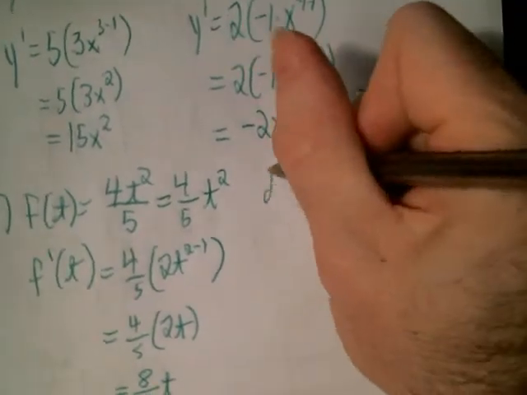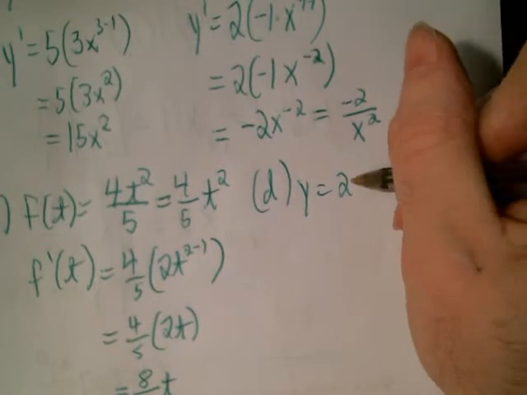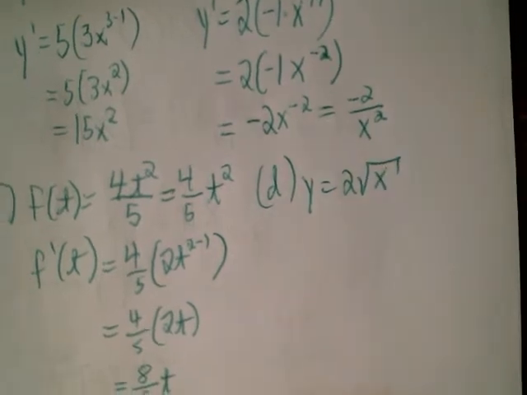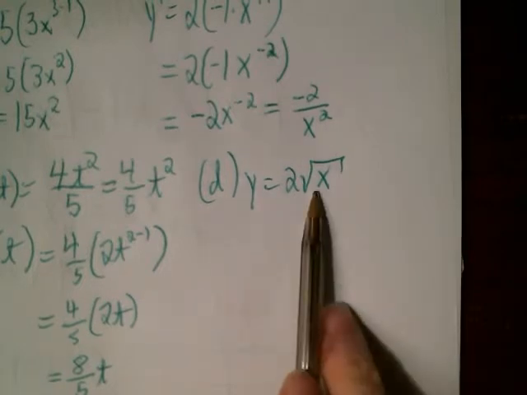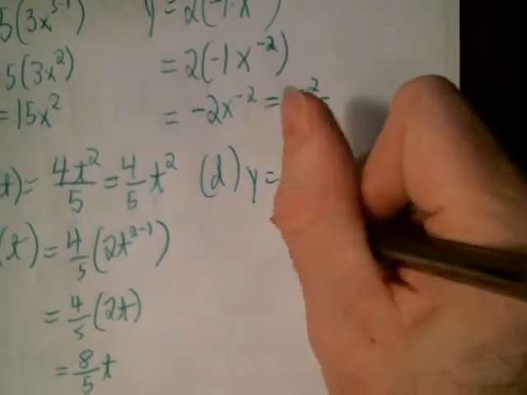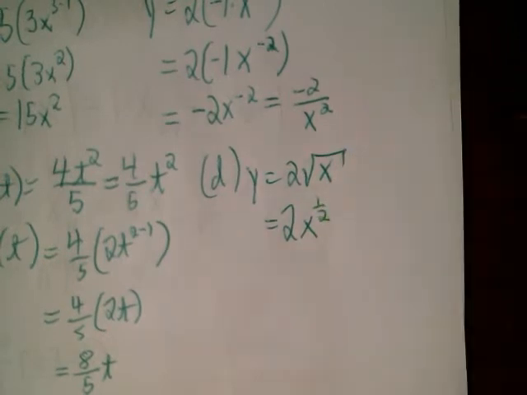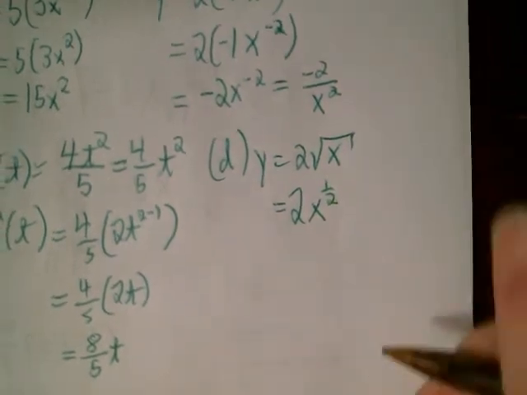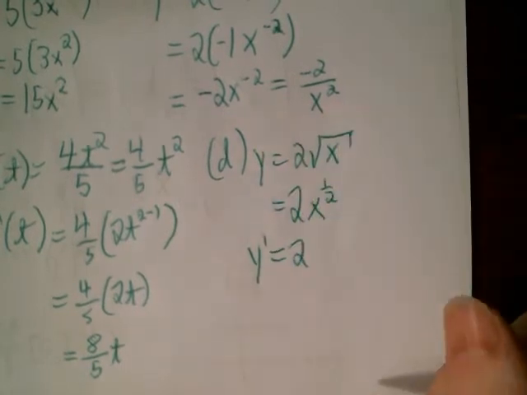So you get part D. You get y is 2 root x. And so again, you want to rewrite the square root of x as x to the 1/2. So you get 2x to the 1/2. And then take its derivative, so leave 2 alone.